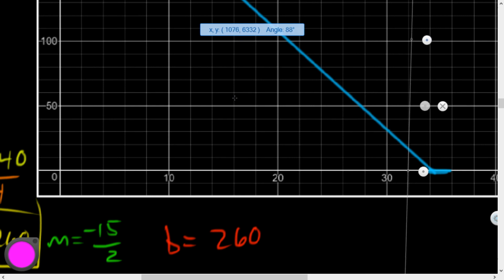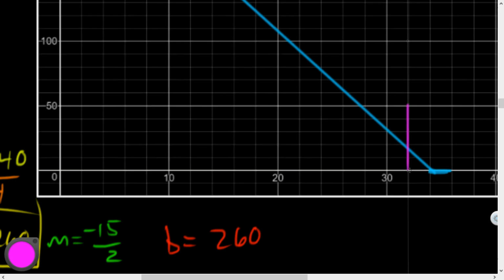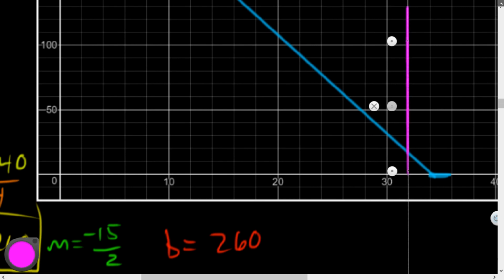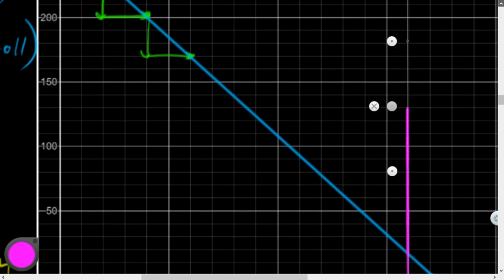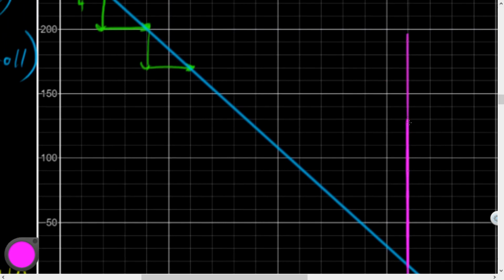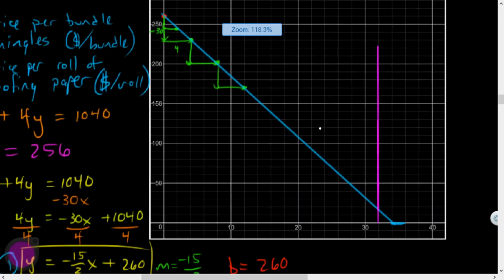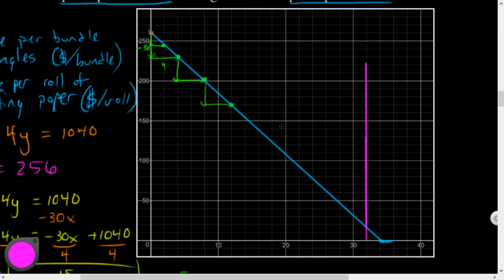No. Yeah, look at this. So there we go. Now, the solution is the intersection.